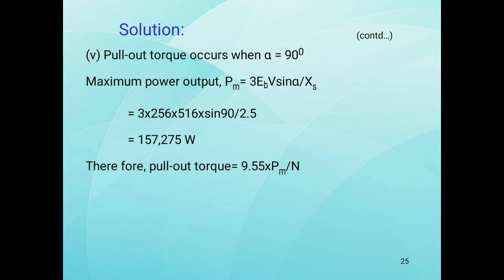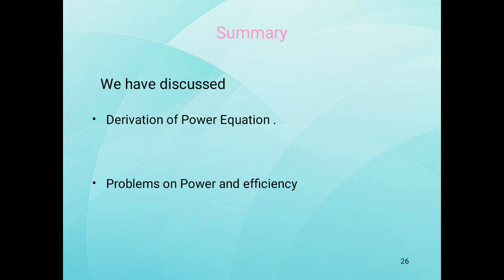Therefore, full torque, that is 9.55 into Pm by Ns. So 9.55 into 157,275 by 1500 gives 1000 Newton meters. So here, in summary, we have discussed the derivation of the power equation and problems on power and efficiency.